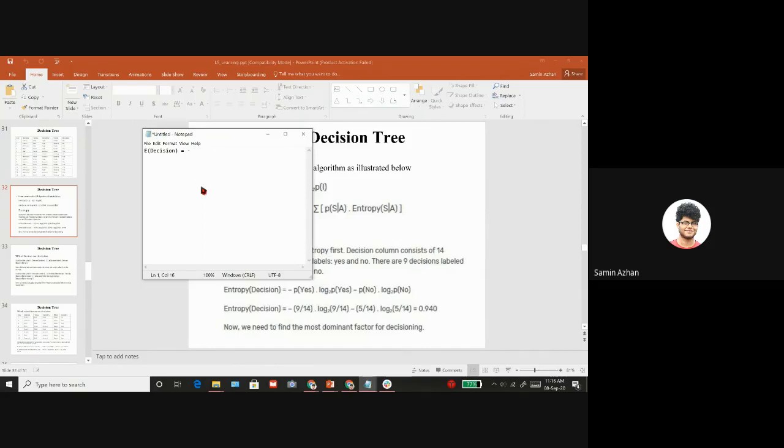The equation is the probability of yes times log base 2 probability of yes, minus probability of no times log base 2 probability of no.